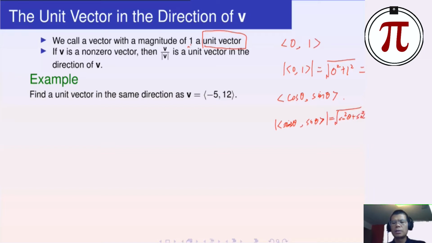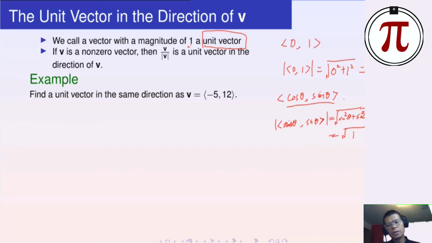As you can see, by the Pythagorean identity, the answer is the square root of 1, which equals 1. So for any theta, this is a unit vector.